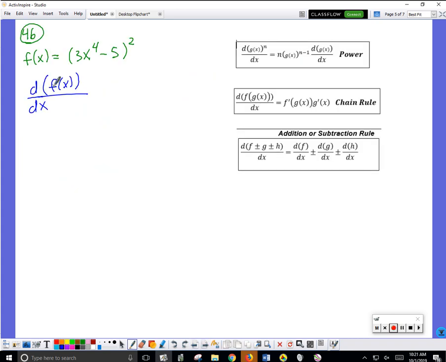Change in y divided by change in x. Questions? Okay, you'll see me write it this way sometimes. You'll see me write it this way sometimes. You need to be comfortable with both, because on the AP test they will use both notations. Those two mean the same thing.